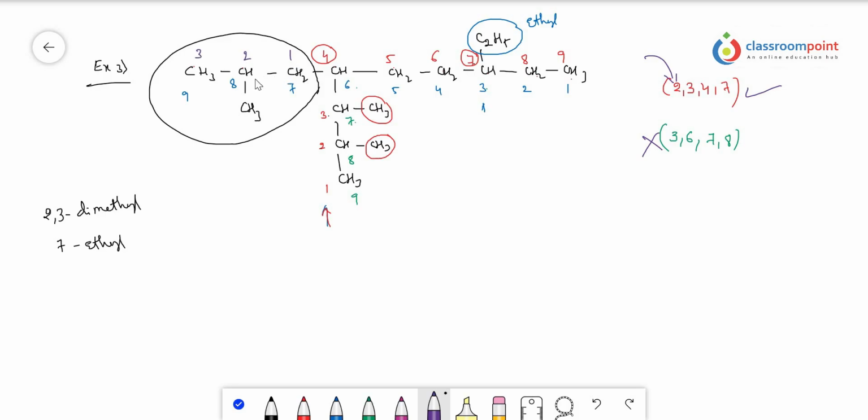Only to this small branch we will give numbering again, because it has a further substituent. So at the 2nd position a methyl group is there, so 2 methyl. The total number of carbon atoms in the remaining chain is 3, so propyl. So these are the names. And this 2 methyl propyl is present at which position? 4th position. So 4, 2 methyl propyl.